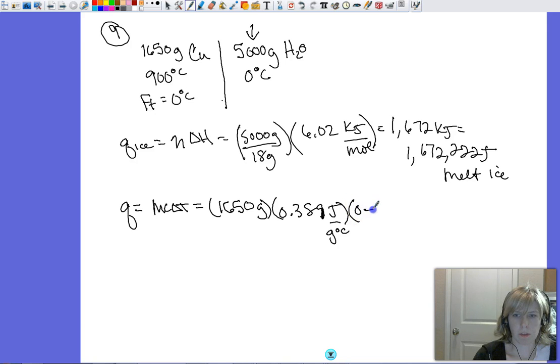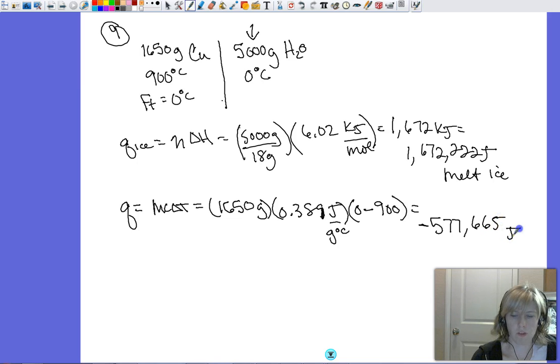And our final temperature is 0. Our initial was 900. So the copper is going to give us negative 577,665 joules. So that's how much energy that copper has. Now, if I take it, I can solve for the mass, the moles of water that much can melt.